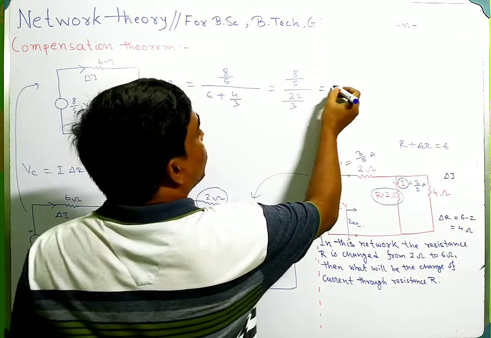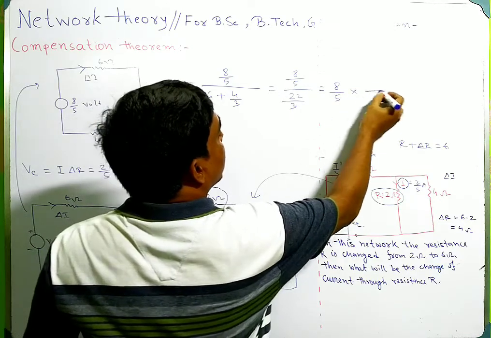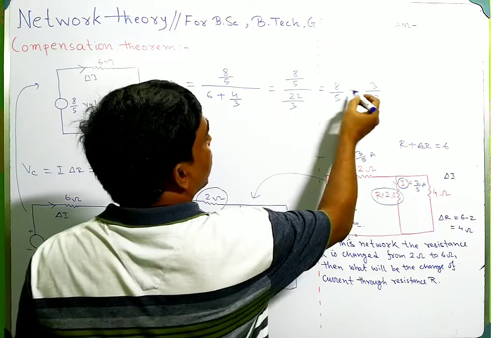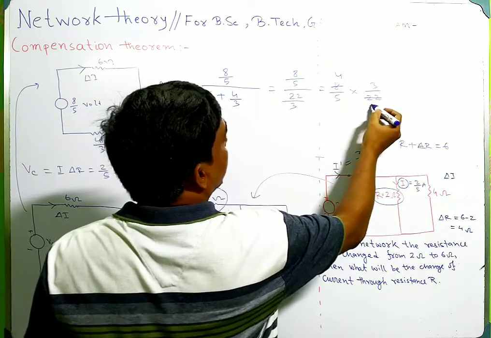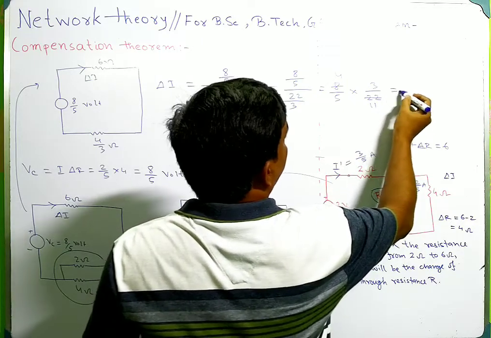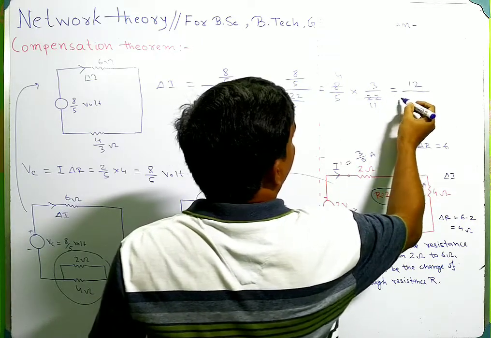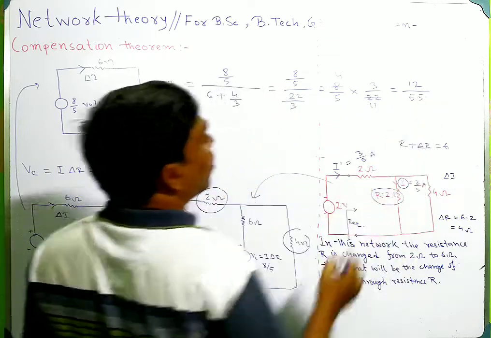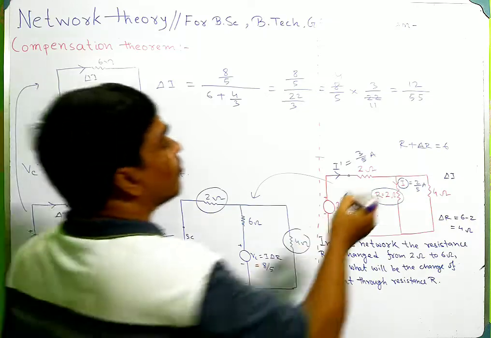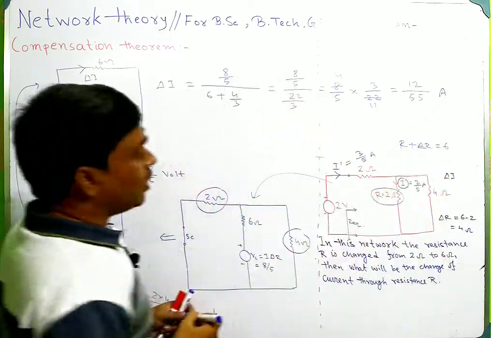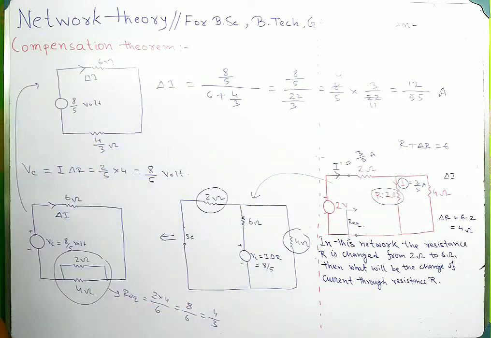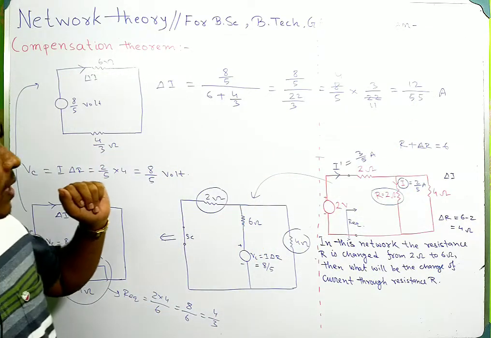So from this we can write 3 by 22, so it will be 12 by 55 ampere. Okay, so the change in current through this resistance is 12 by 55 ampere.